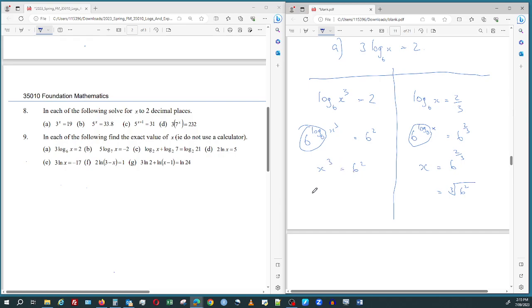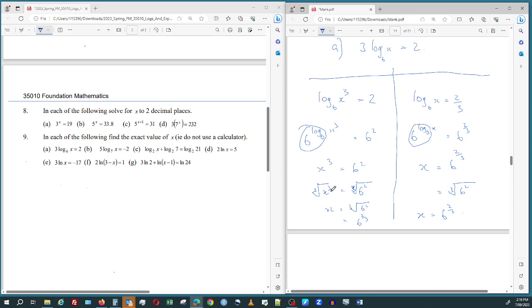We take the cube root of x cubed. You do one side, you do the other. Cube root, so x will be equal to the cube root of 6 squared. Same thing, which is 6 to the power 2/3. X is equal to 6 to the power 2/3.